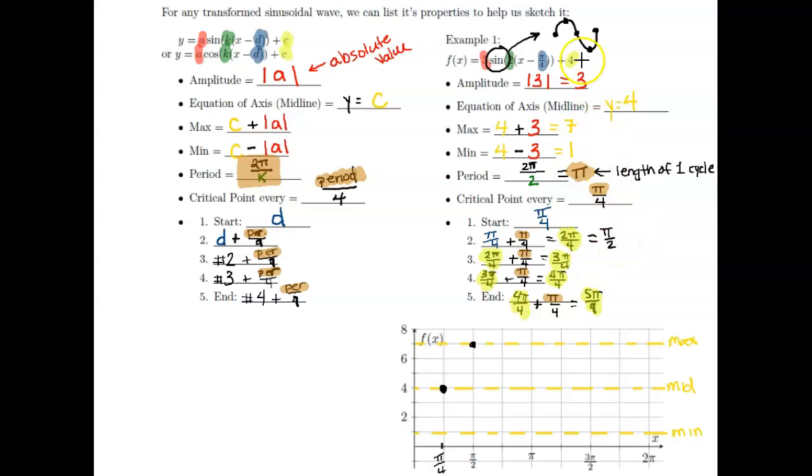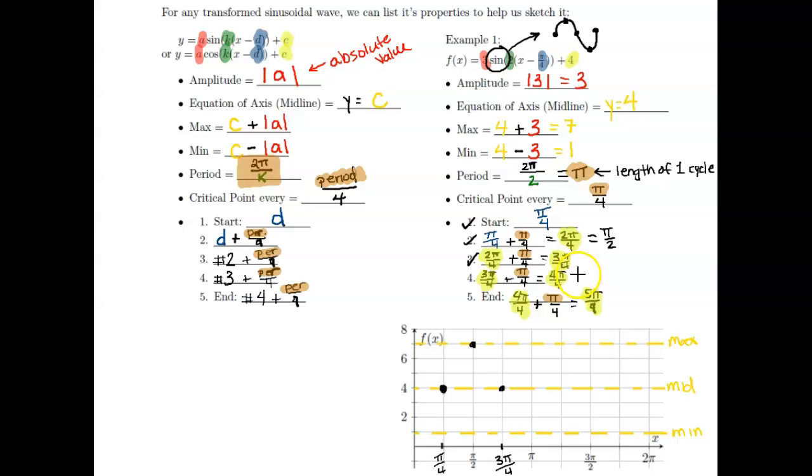Perfect. And at my second critical point, I'm up to my maximum. So at pi over 2, I'm at my max of 7. Here's the x coordinate, and this tells us where we're going. I've done my first and my second. Third critical point is 3 pi over 4, which is right here. And my third critical point, 1, 2, 3, is back at my midline. So at 3 pi over 4, I'm at my midline. Check.